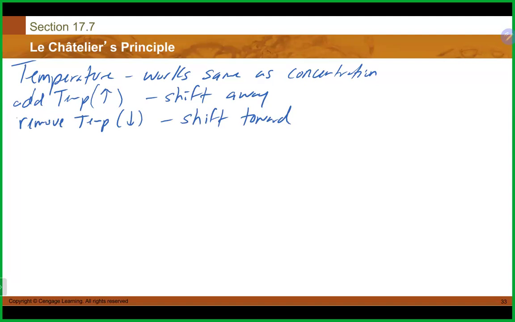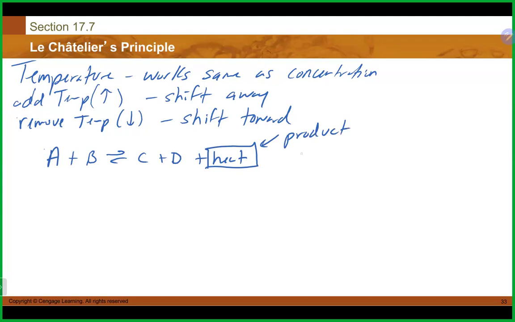So for example, if I have a reaction here that gives off heat or energy as a product, that is what is referred to as an exothermic reaction. So an exothermic reaction is one that gives off heat and energy, as we talked about.